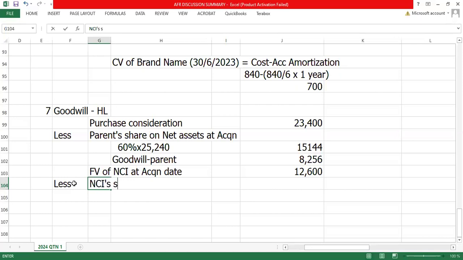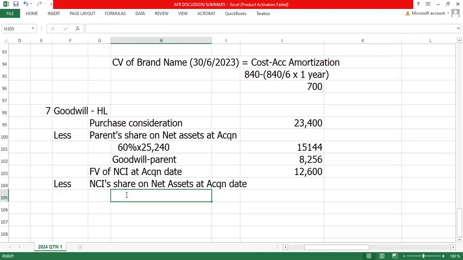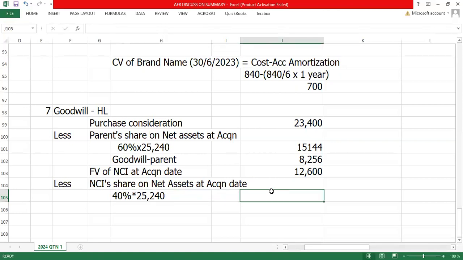Next, you trace the NCI's share on net assets at the acquisition date. Of course, here your share for NCI is 40% times the 25,240, which gives 10,096.